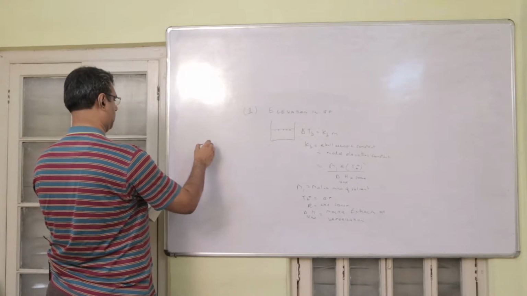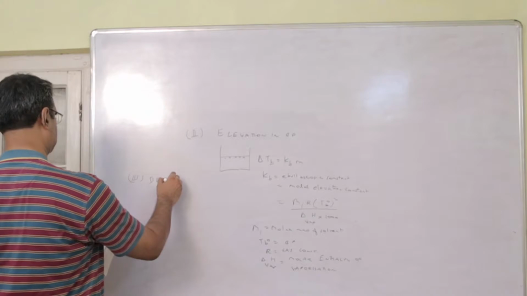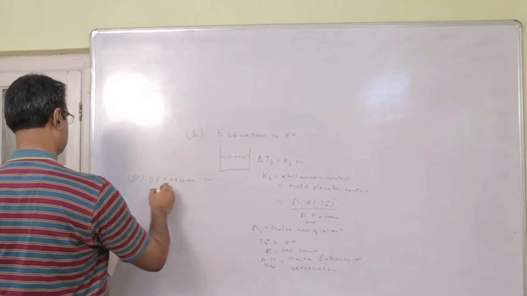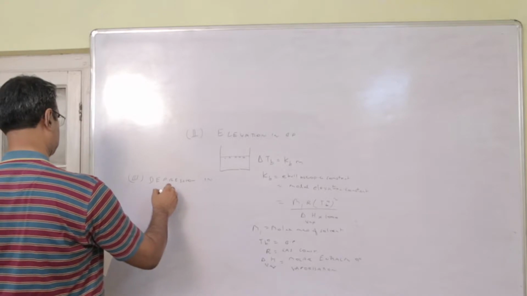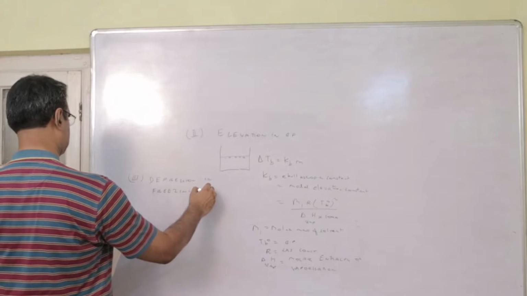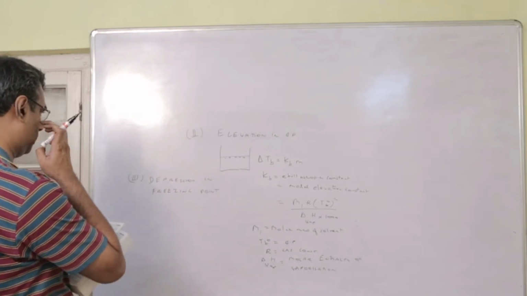Now we come to colligative property number 3, that is depression in freezing point.